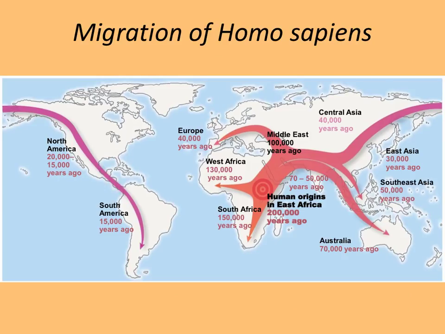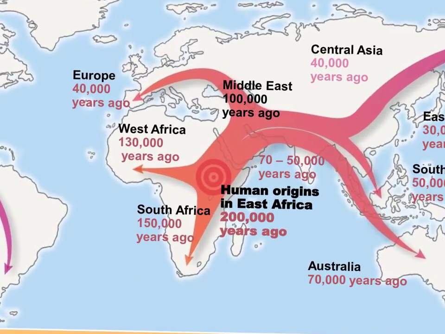So, the oldest fossils were found around Ethiopia, 200,000-year-old fossils. Modern humans were also found in South Africa, about 150,000-year-old fossils.